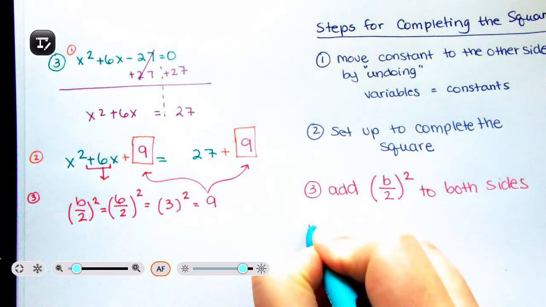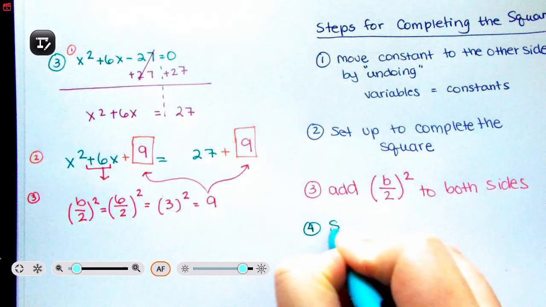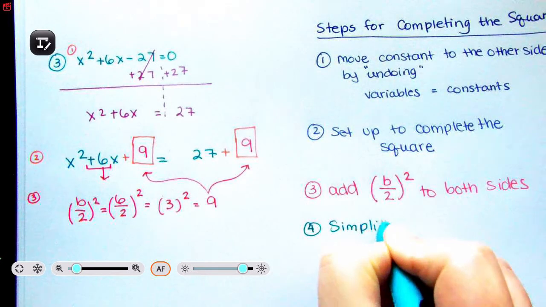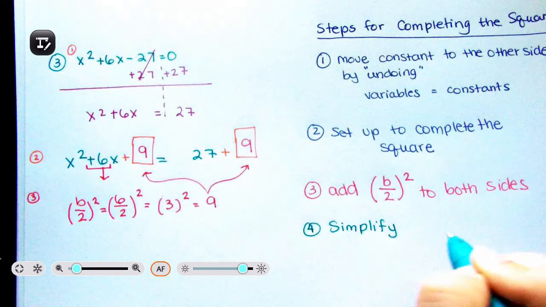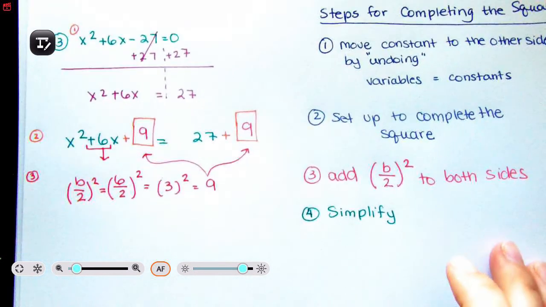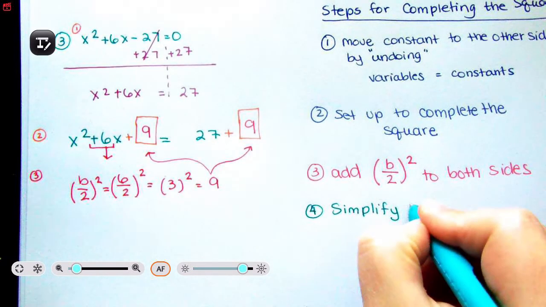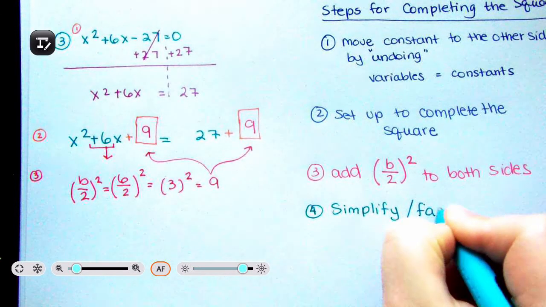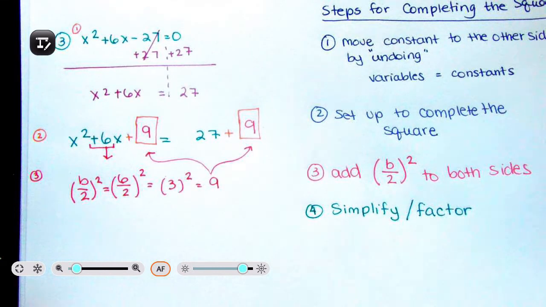Step number 4 is simplify, and I'm going to combine two steps. I'm going to say simplify / factor. If you are in my class, you know one thing that is very true. Mathematicians are lazy.